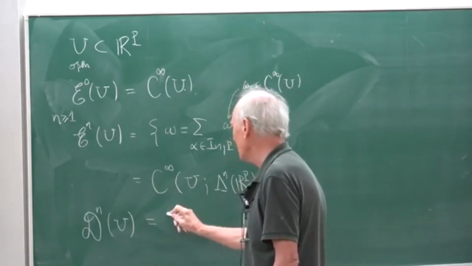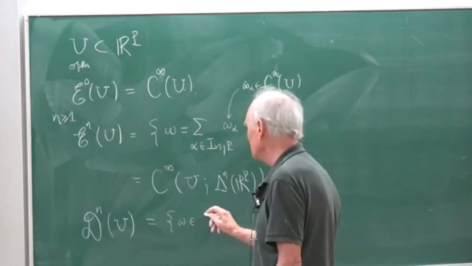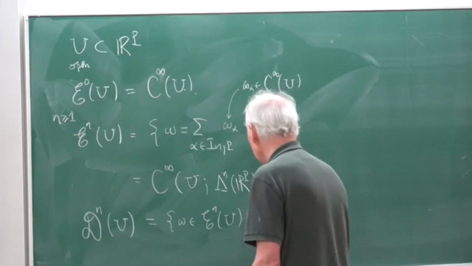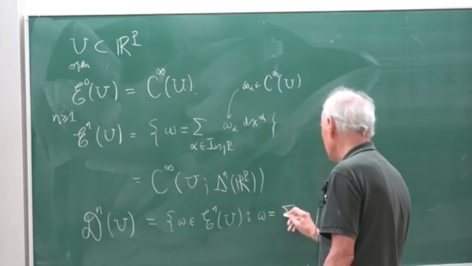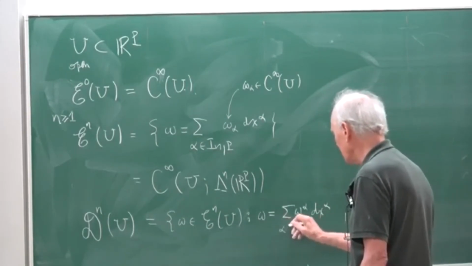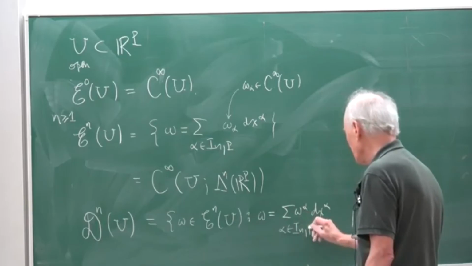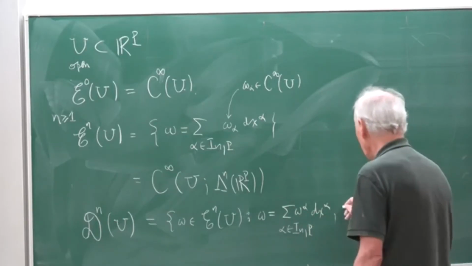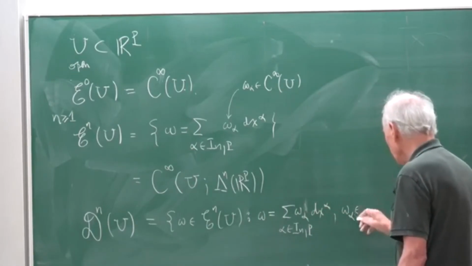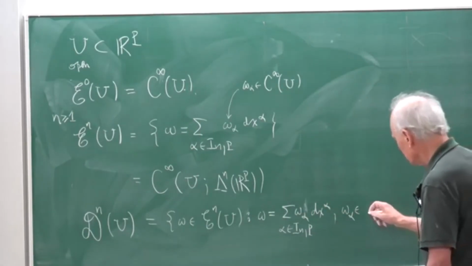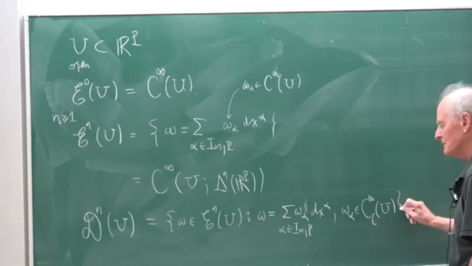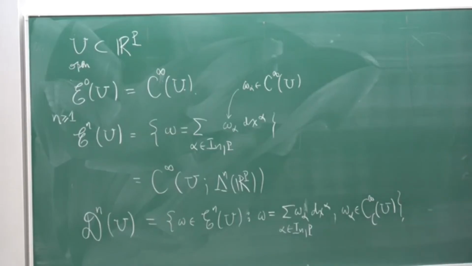So this is the set of omega in E n of U such that omega equals sum over alpha in INP of omega alpha dx alpha, such that each omega alpha is C infinity with compact support.